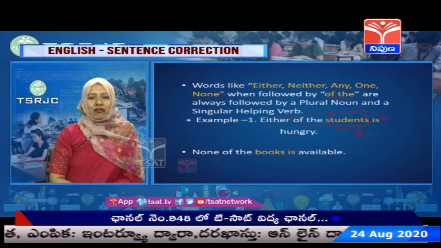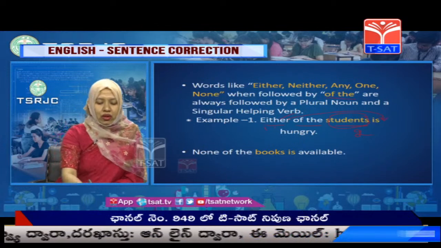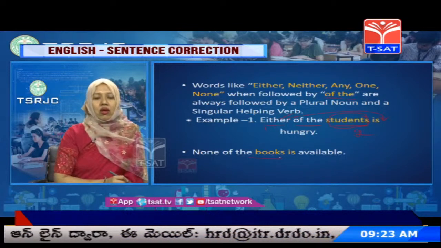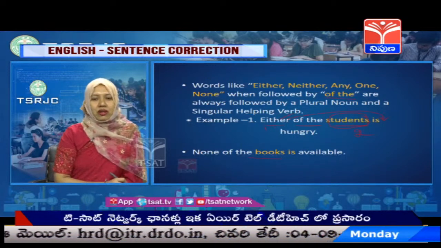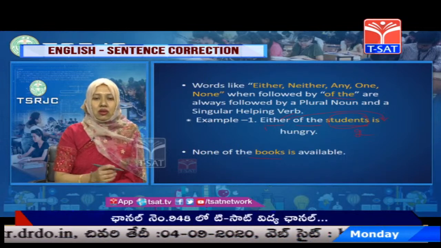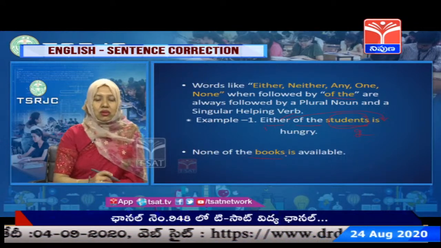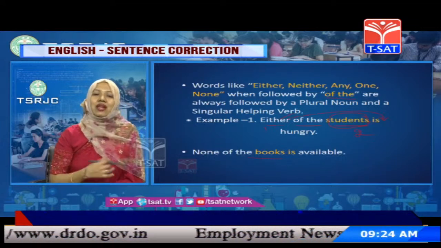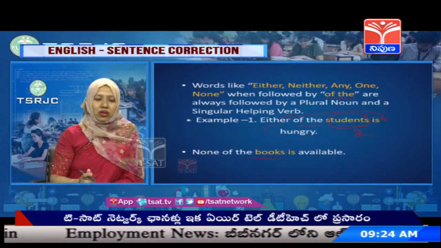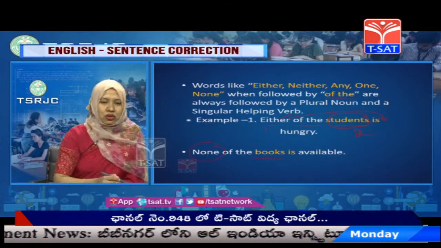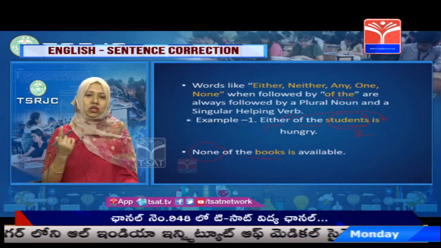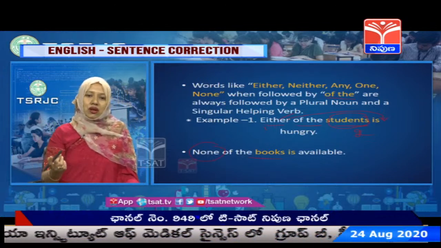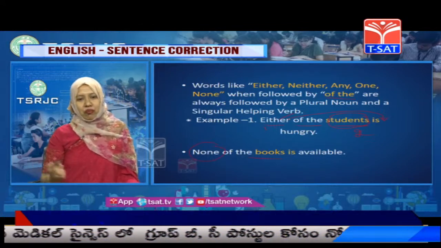None of the books is available. Now you have gone to the shop or library, you wanted to purchase books. The books which you want to buy, those are not available. Any of the books is not available. So how will you say none of the books? Out of many books, one book also is not available on the shelves in the library or in the shop.